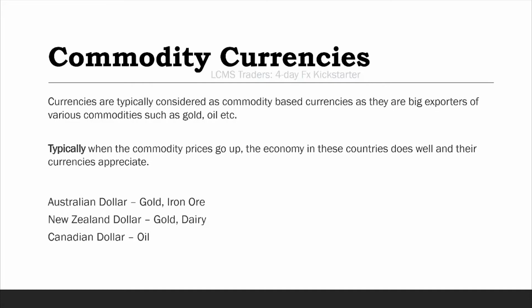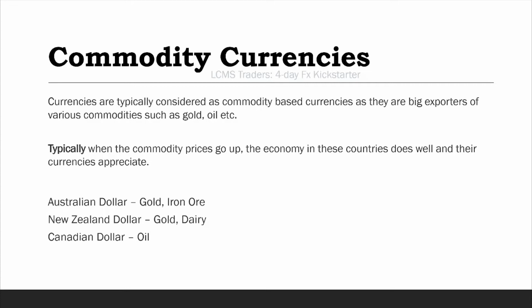The three main commodity currencies that we pay attention to are the Australian dollar, which is driven mostly by gold prices and iron ore. There are other commodities that could influence the Australian dollar, but not 100%. Remember that all these commodities are going to influence, but not 100%.